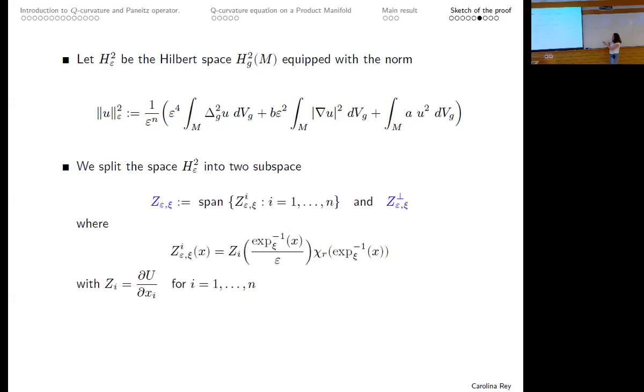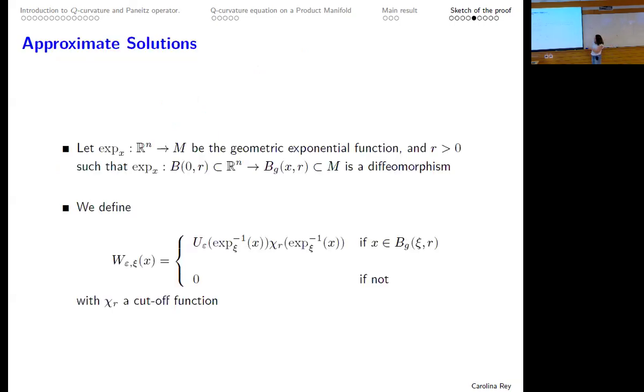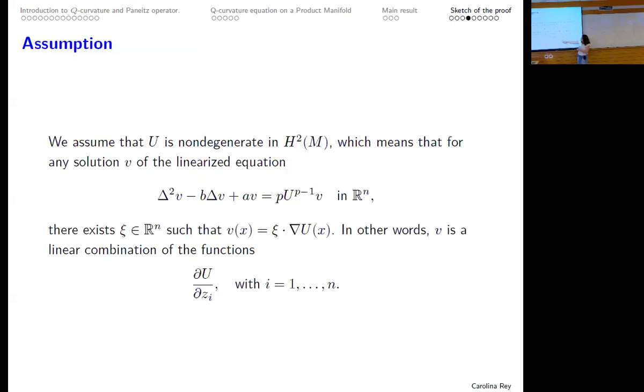It's not the usual norm, but it's equivalent because it has these constants, A and B. And we split this space in two spaces, one which is spanned by these thetas, A, I, which are given by the partial derivatives of function U. Those are similar to these ones.